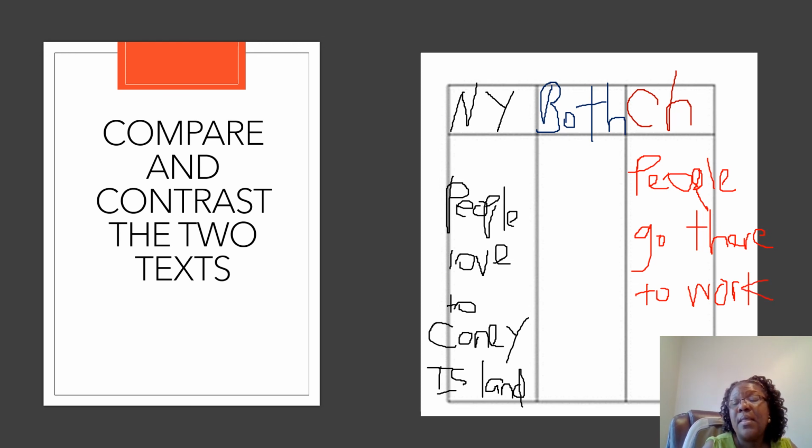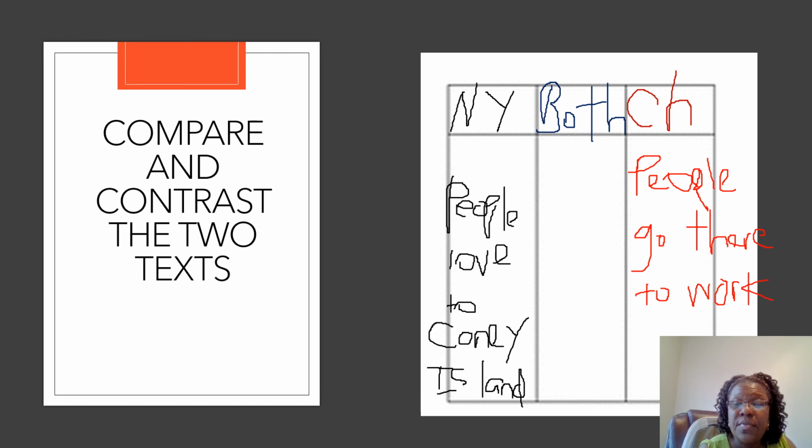Now, I need you to tell me, what do both stories have that's the same? It could be an event, something that happened that makes them the same. Okay? So what makes them the same? Very good. If you said there was a fire there, you're absolutely correct.